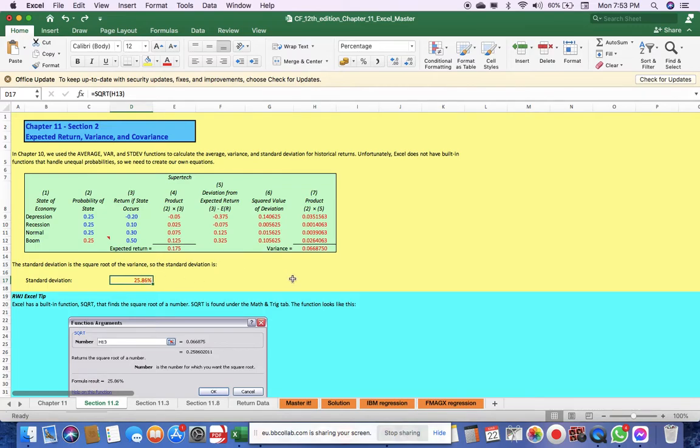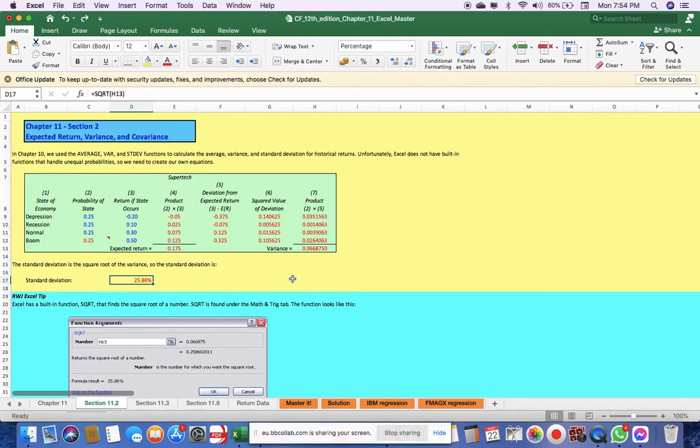That is, probability of return multiplied by return is equal to expected return, then the deviation from the expected return. The square of deviations multiplied with the probability and summed up will give you the variance. Square root will give you the standard deviation.